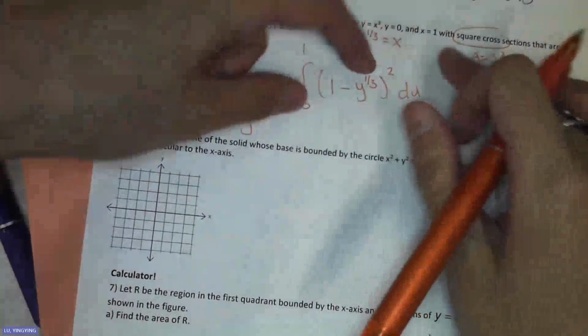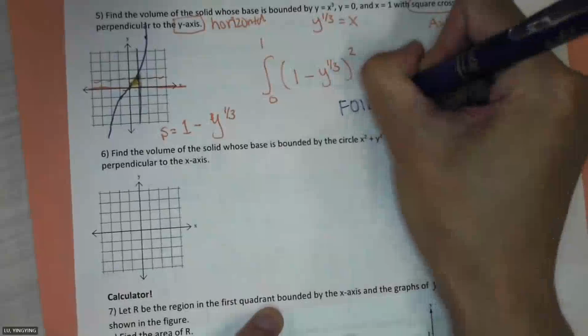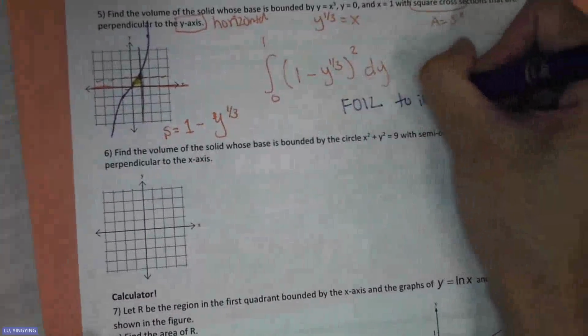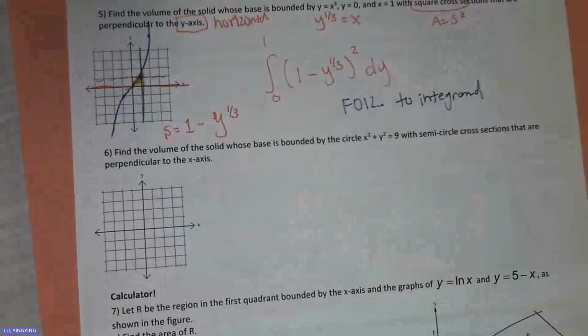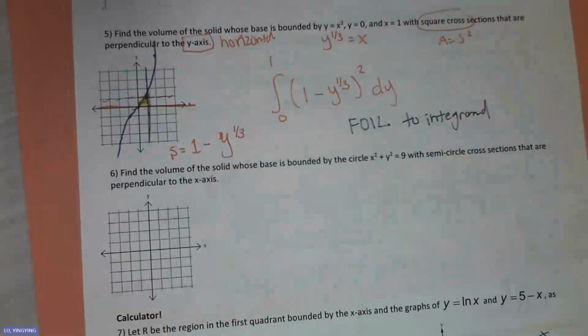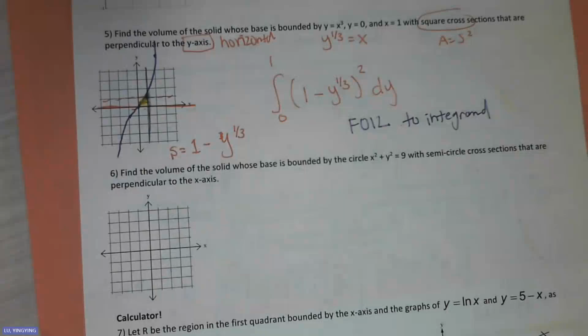There is no du in the integrand. So the only way to integrate this is FOIL. I'm going to make a note. Just keep in mind, sometimes u-sub works, sometimes u-sub doesn't work. You have to FOIL anyway. And I'm not going to go through the FOIL part. It's really easy. a squared minus 2ab plus b squared. And then you just do power rule, power rule, power rule. Okay.